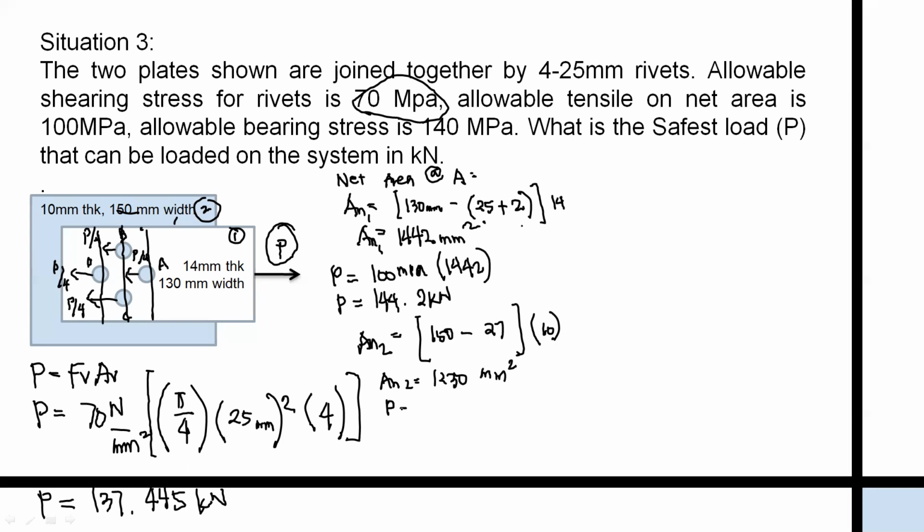And so our P will be 100 megapascals, or Newton per square millimeter, times 1,230 square millimeter, which gives us a force P of 123 kilonewton.